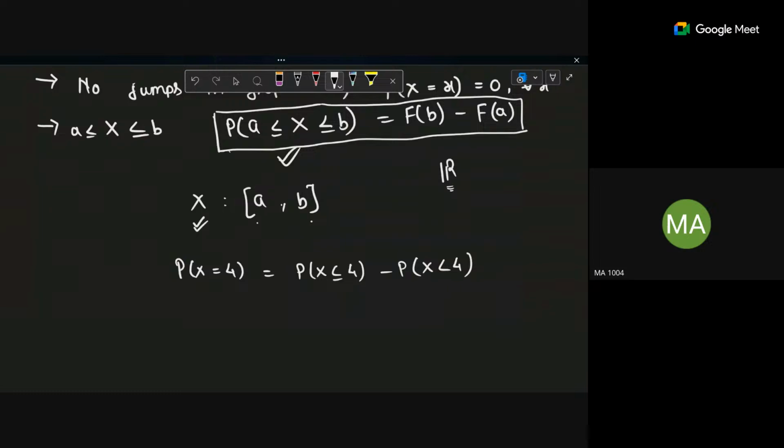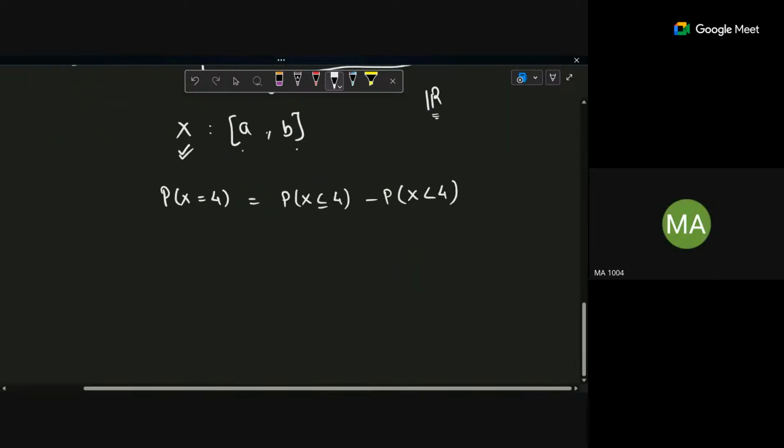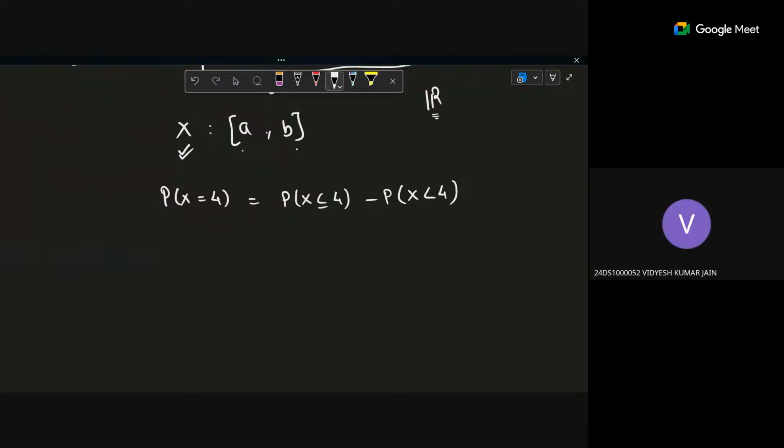Okay, just check in that particular question if x is a continuous random variable or not. Whenever it is not given that your x is continuous or discrete, but they are asking you for the probability x is equal to 4, and they have given you the CDF function, then with this data you can calculate the probability x is equal to 4 using this formula.